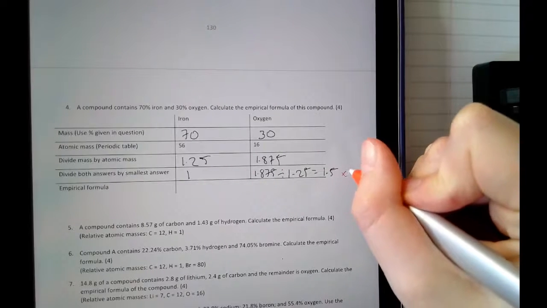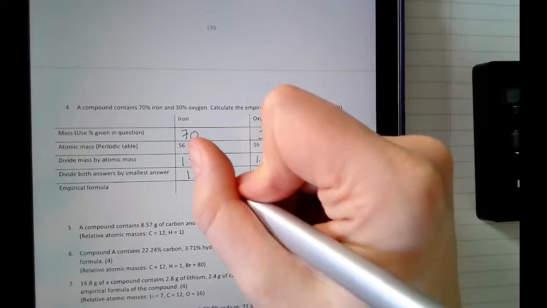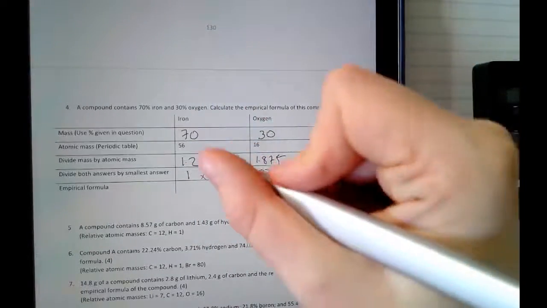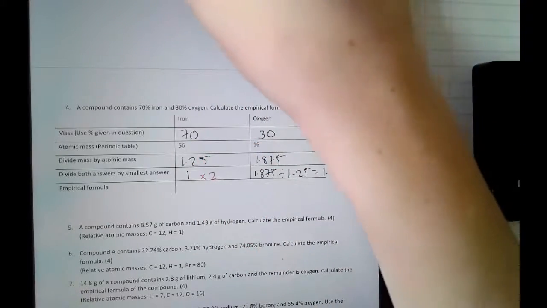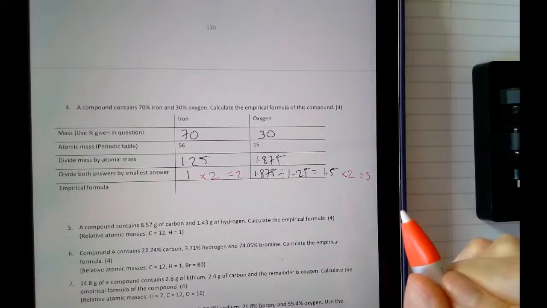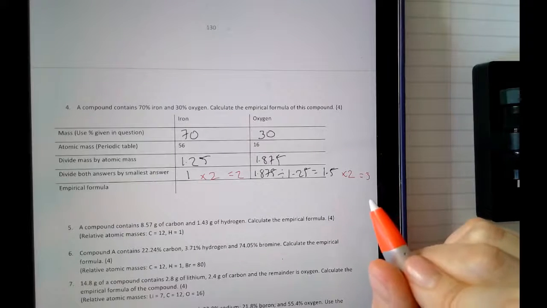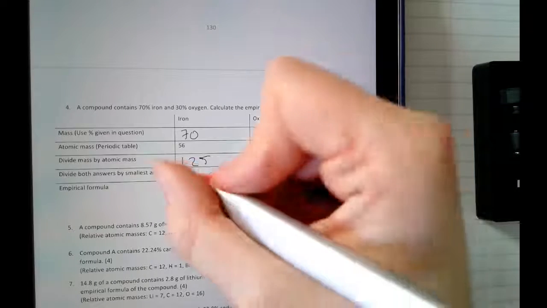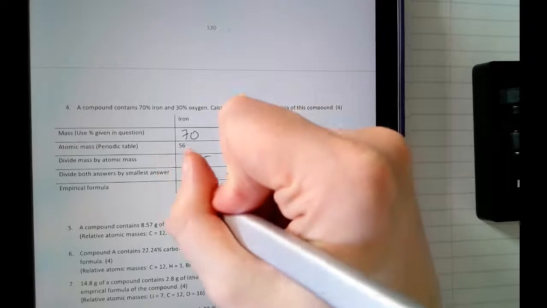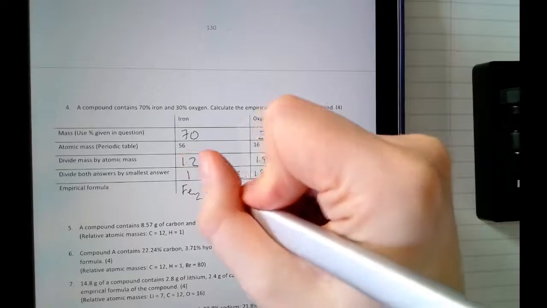So if I'm multiplying 1.5 by 2, I also need to multiply 1 by 2. And when I do that, my new ratio is now 2 is to 3. And now I've got my ratio in whole numbers. So 1 to 1.5 is the same as 2 is to 3. I've got 2 irons, which gives me Fe2. I've got 3 oxygens, which gives me O3.